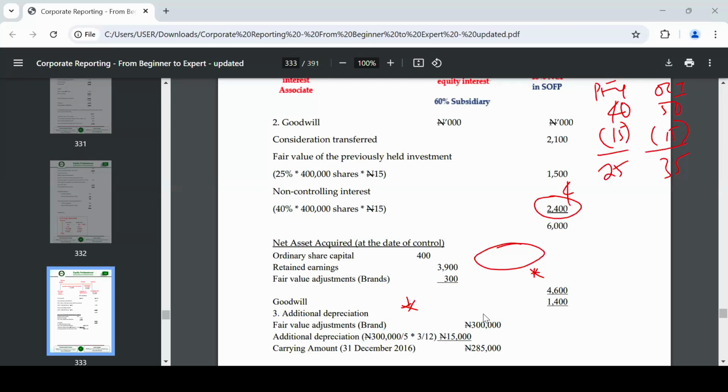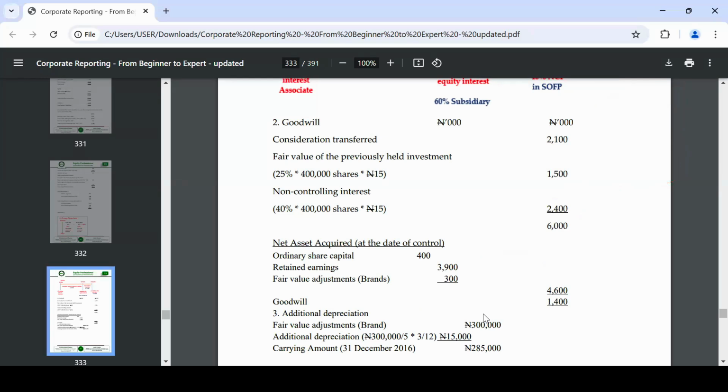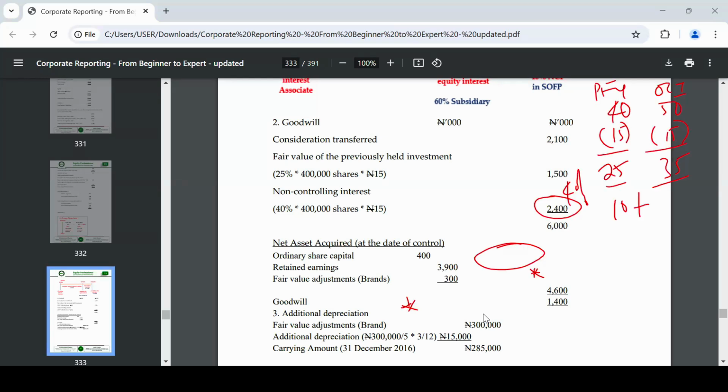They got 40% of this each, meaning they got 10 naira here, and then they got 0.4 times 35. They got 14 there. They got 14 here, and that makes 24.